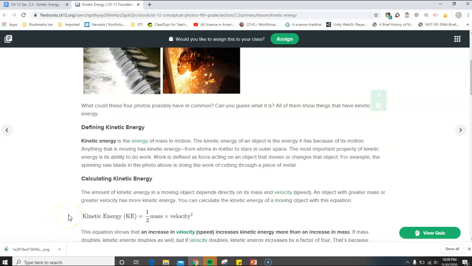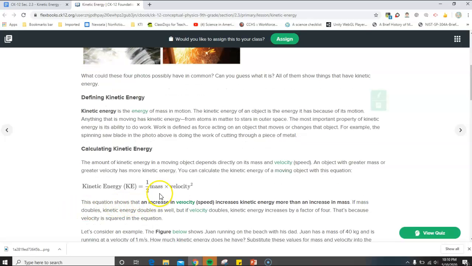So how do we calculate kinetic energy? Well, the formula has to do with mass and velocity. Kinetic energy depends on an object's mass, which is really how big it is, how much matter it has in it, and its velocity, which is how fast it is moving. If you see the equation 1/2 mass times velocity squared, you can start to think about how mass and velocity can change something's kinetic energy.